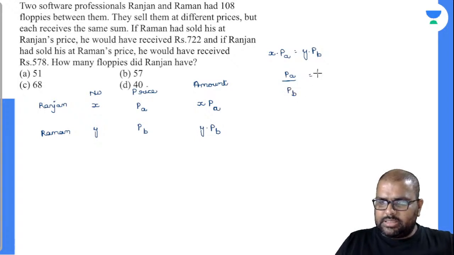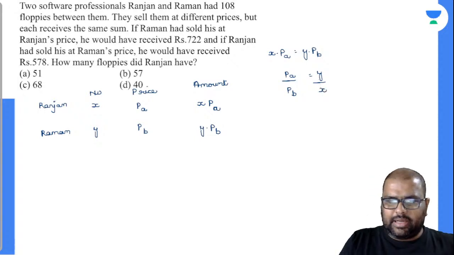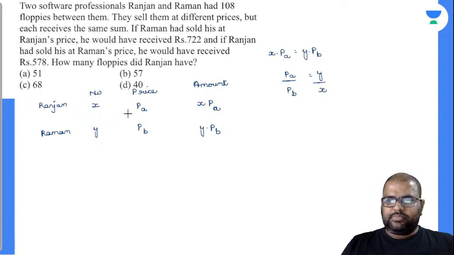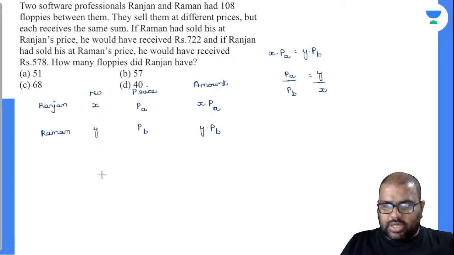Y by X. Yes. Now again, I'll write down in red ink the remaining points. If Raman had sold his at Ranjan's price, so Raman sold Y number of floppies now at Ranjan's price PA, he would have received 722 rupees, it seems.